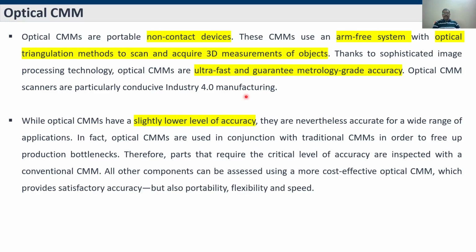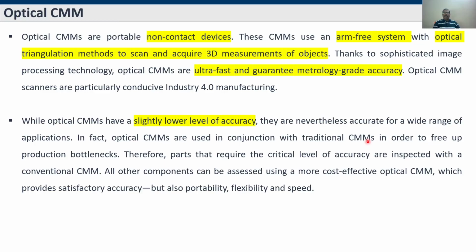This optical CMM comparatively provides low accuracy. If you want to use it for a wide range of applications, it provides a lower level of accuracy than the conventional or traditional CMM machine. So mostly in production it won't be preferred.